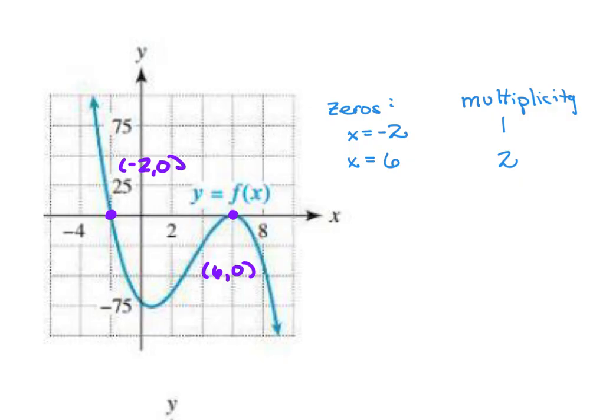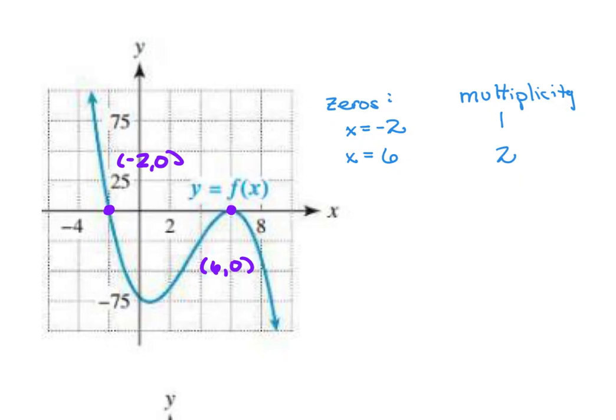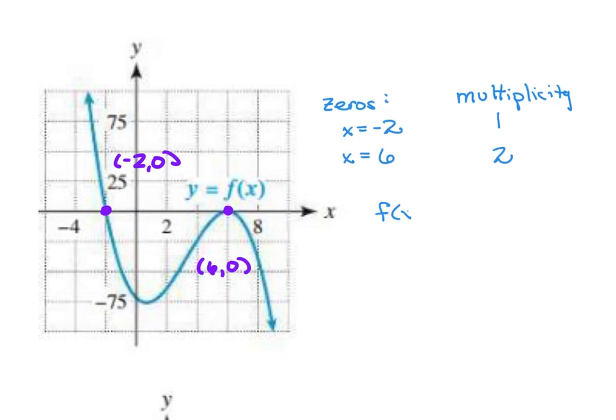All right, so when we write this in factored form, we're going to take each zero and write it in factored form. So x equals -2 is going to become a factor of x plus 2. The zero x equals 6, we are going to turn into a factor of x minus 6. And then we want to bring in our multiplicities.